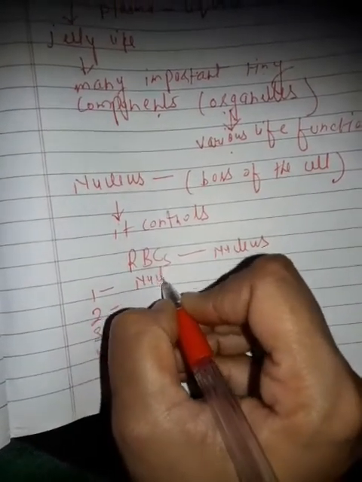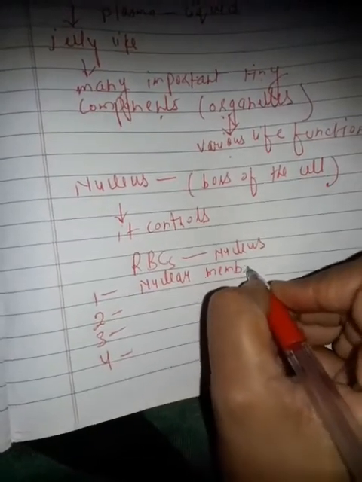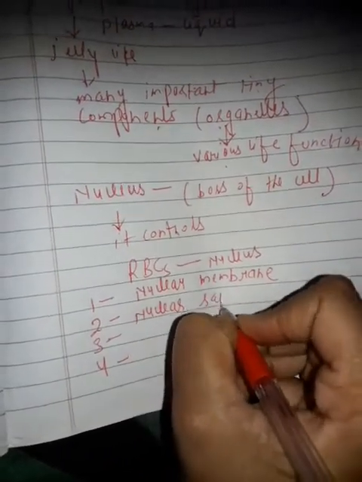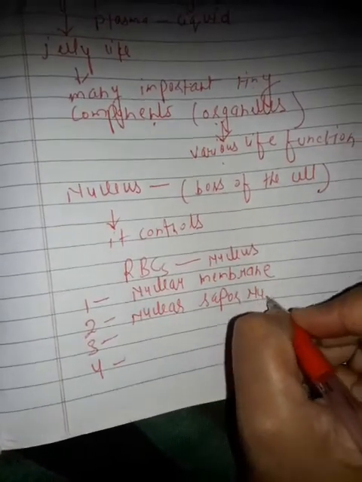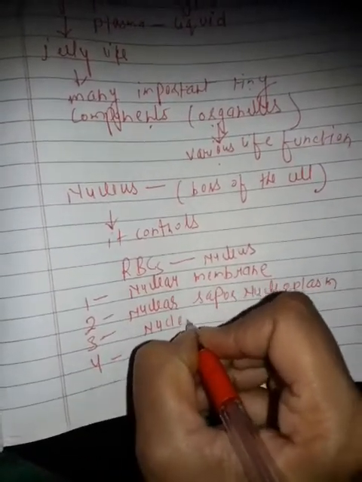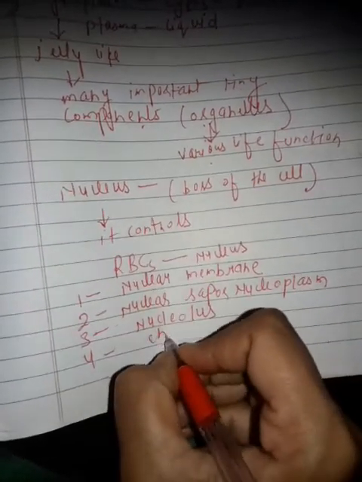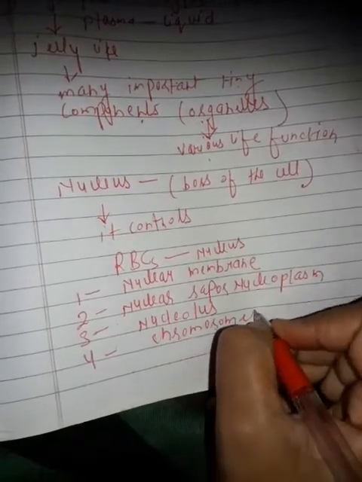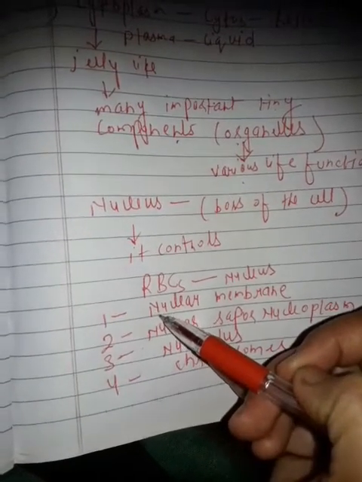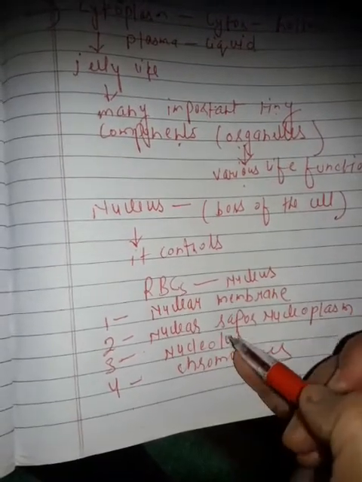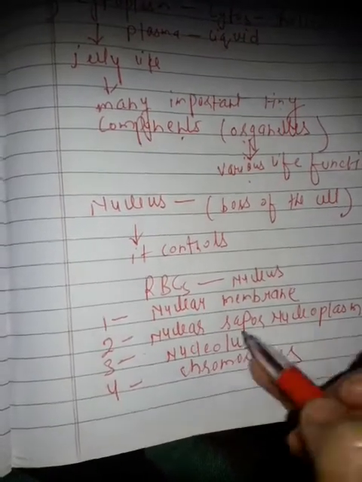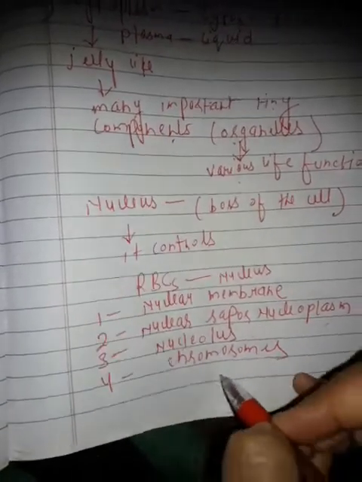The four parts are the nuclear membrane, nuclear sap or nucleoplasm, nucleolus and chromosomes.